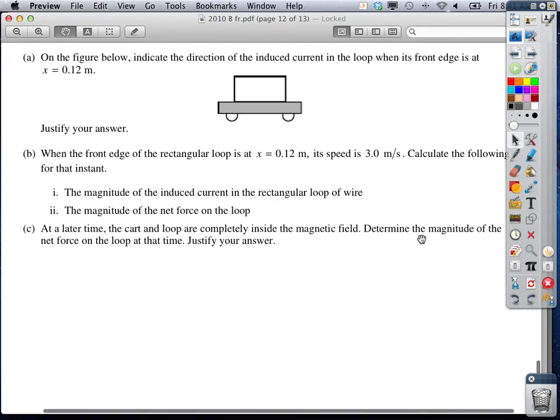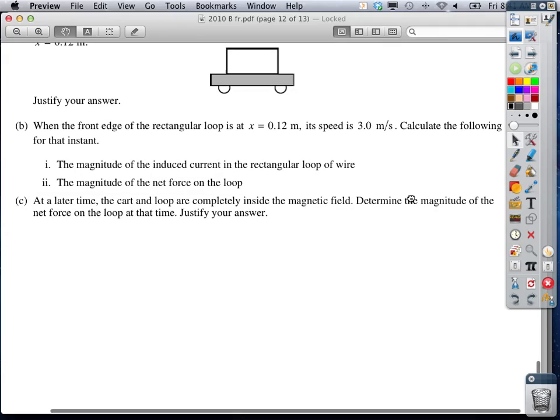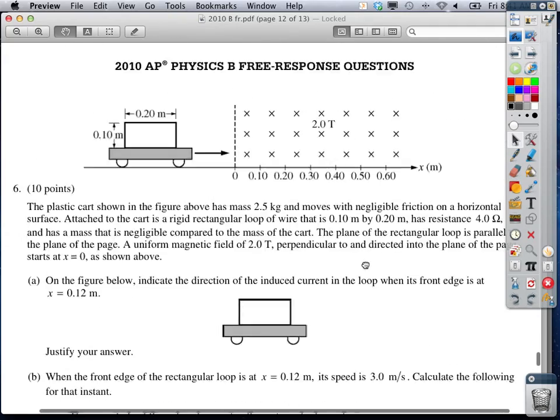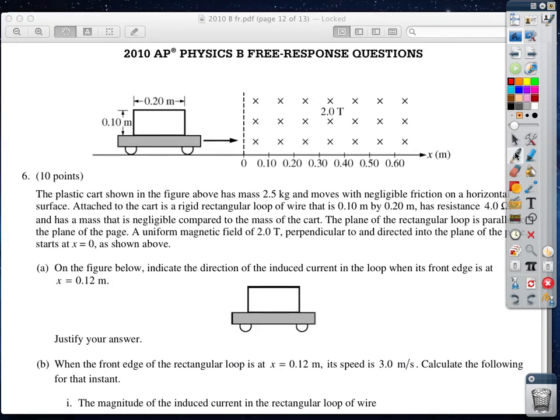Alrighty. Now, when the front edge of the rectangular loop is at 0.12, so what we're saying is 0.12, so right on here. So if it's 0.12, that means this is 0.08, still sticking out. Is that okay with everybody? Does that make sense? Okay.